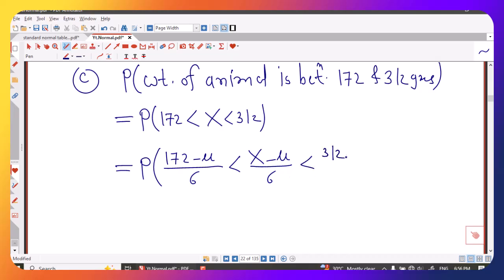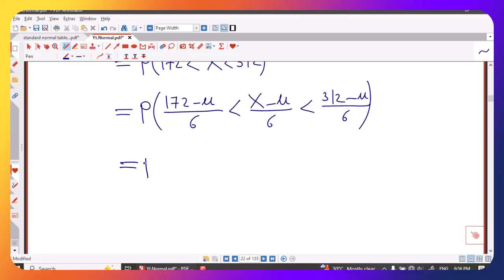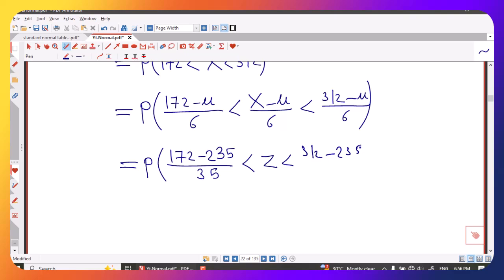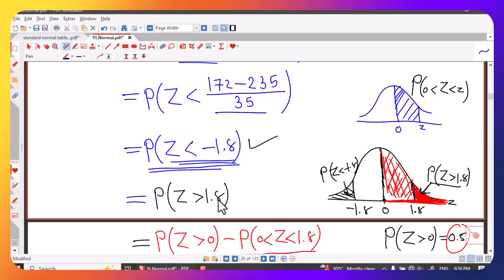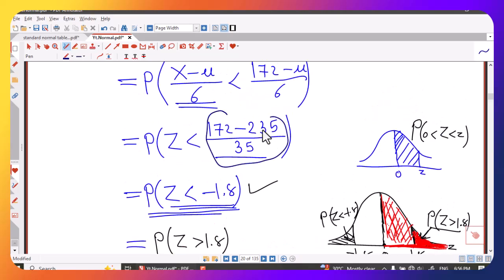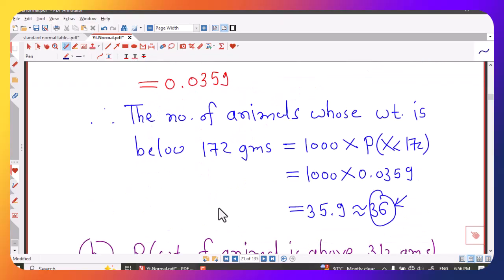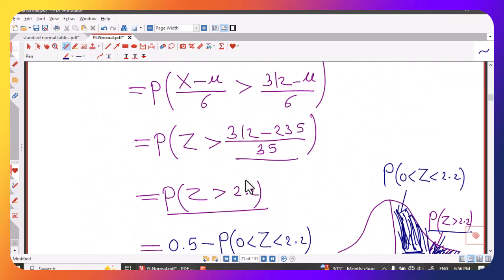So this is 172 minus 235 divided by 35 less than Z less than 312 minus 235 divided by 35, and we have already calculated all these values in parts A and B. Here this quantity is minus 1.8, and for 312 it is 2.2.